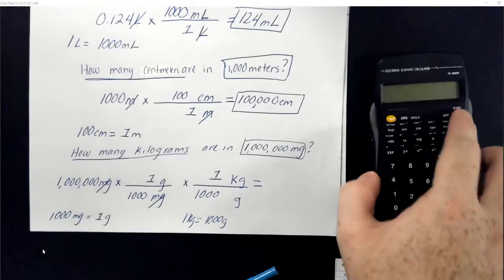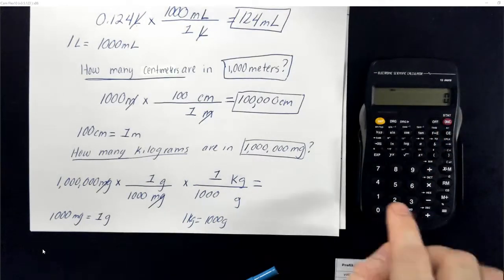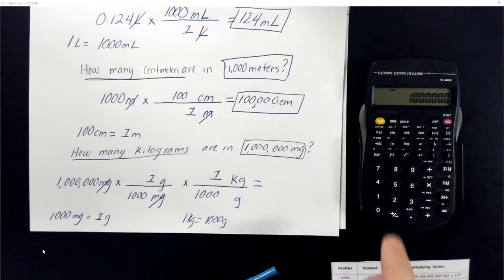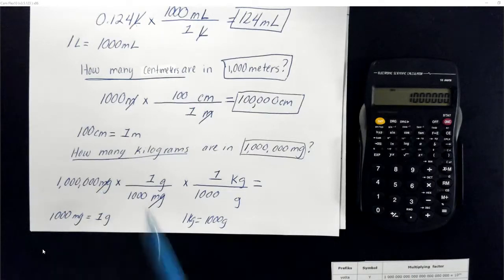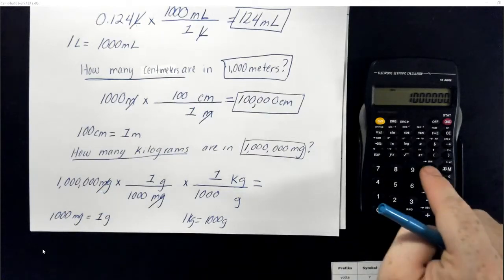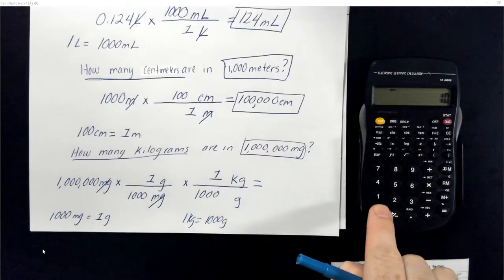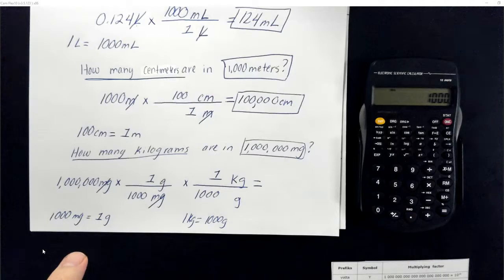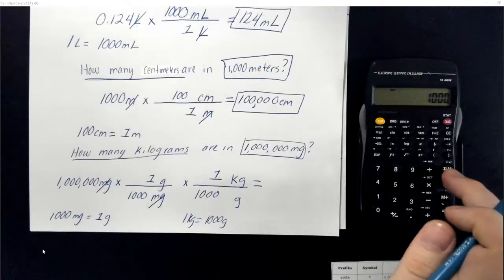And now all you have to do is plug it into your calculator. You had 1 million divided by 1,000 equals that, divided by another 1,000.